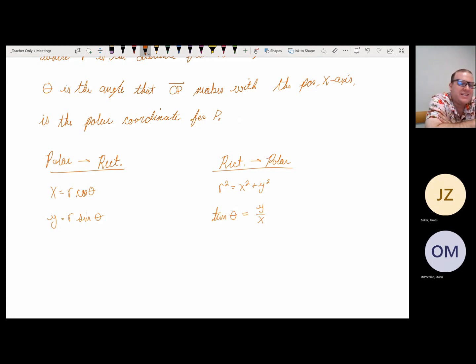Would we be able to say theta is the inverse tangent of y over x? That restricts you to only half the circle. You cannot. The range of the inverse tangent is minus pi over 2 to pi over 2.